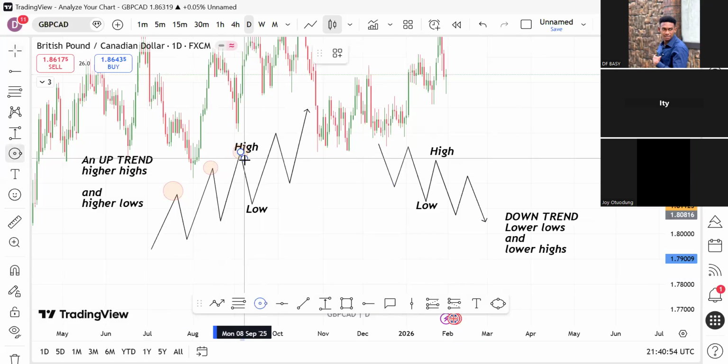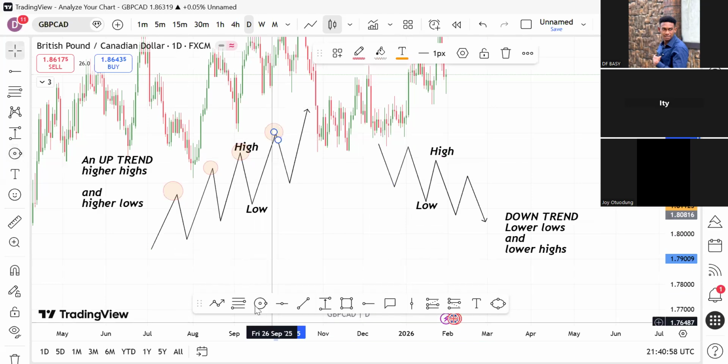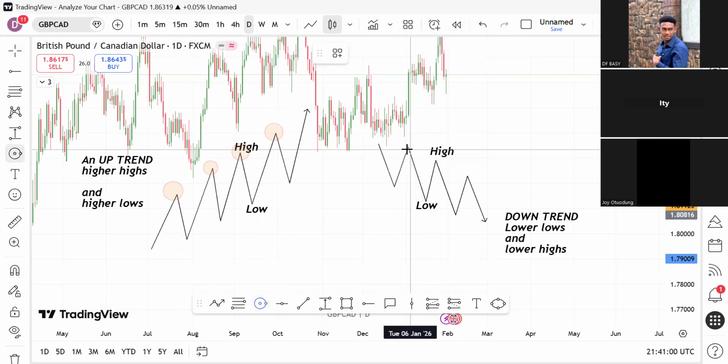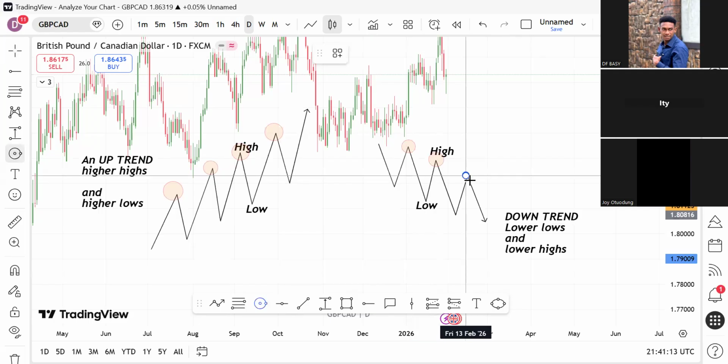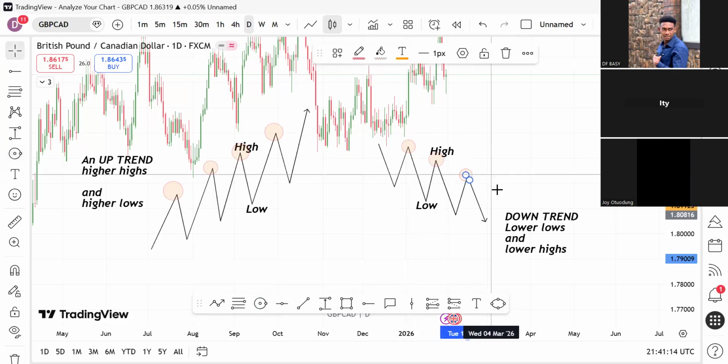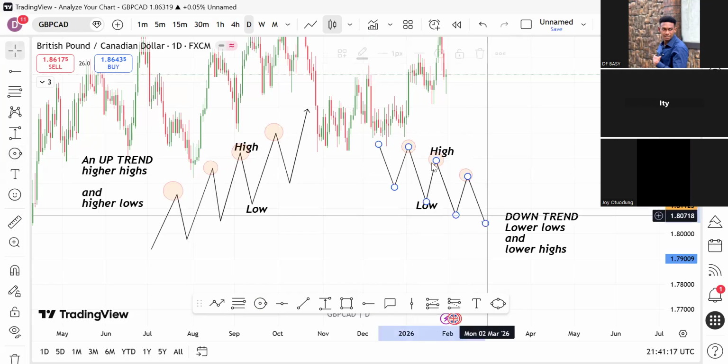For the downtrend, this is the high, this is the high, and this is the high. Those are the highs for the downtrend.